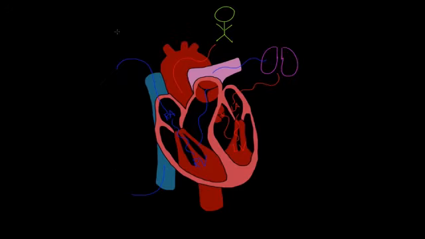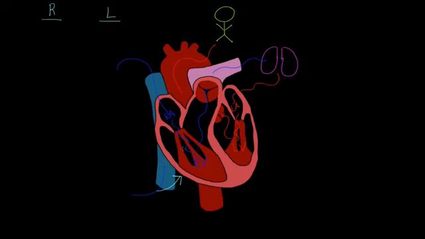So if we focus on the right side, and I'm going to put an R here for the right so we can make symptoms about that, and then I'll put an L here for the left so we can make some symptoms about that. So just focused on the right side. If the right side of the heart is not pumping effectively, meaning that the ventricle is not squeezing effectively, then what's going to happen?